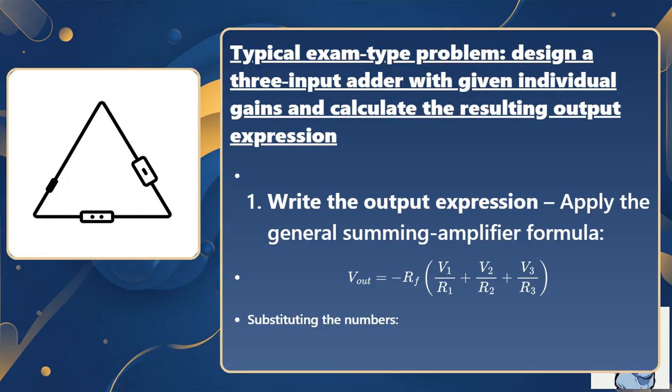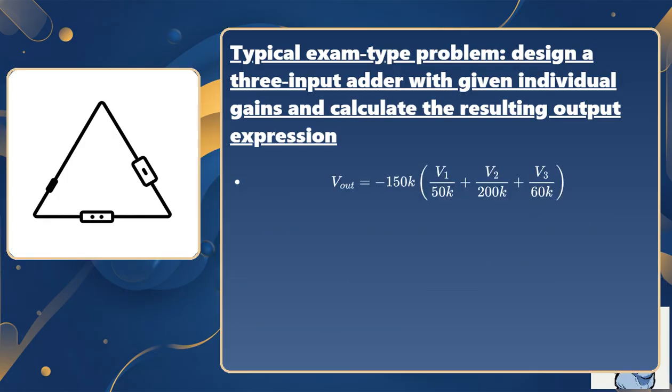Substituting the numbers, Vout equals -150 kiloohms times the sum of V1 over 50 kiloohms plus V2 over 200 kiloohms plus V3 over 60 kiloohms. Simplify each term: Vout equals -3 V1 minus 0.75 V2 minus 2.5 V3.